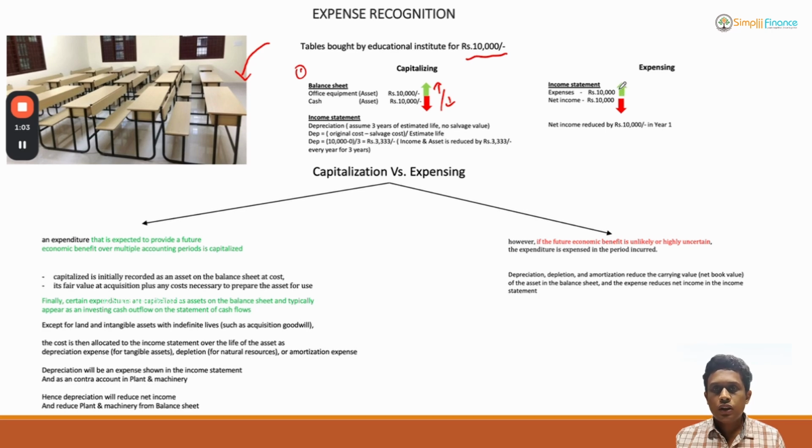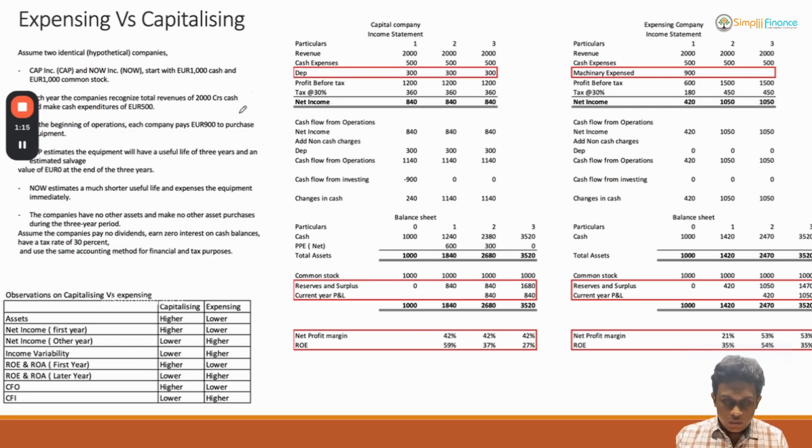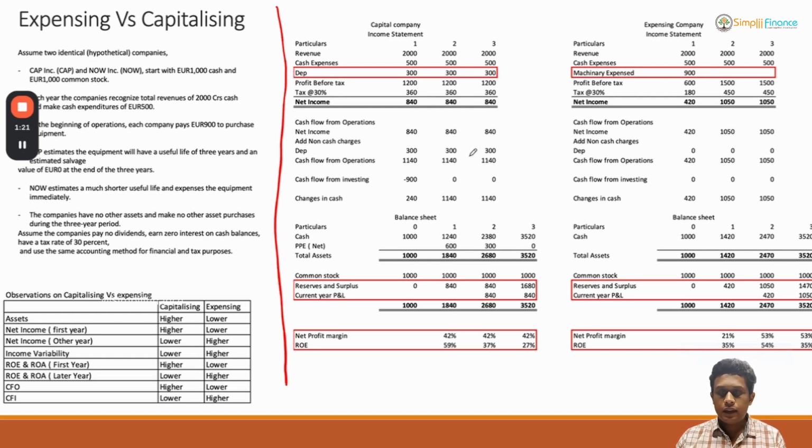They do not show it in their balance sheet. Now this is what we are trying to find, the difference in how these both will be treated in their income statements. So here I have taken the income statements and balance sheets of these two companies. Let's call one the capitalizing company and the other the expensing company.